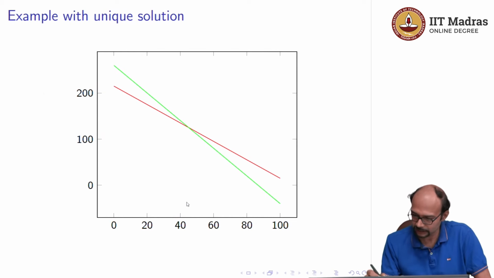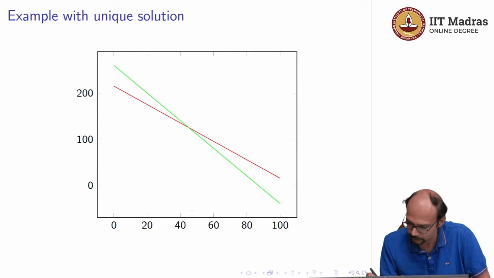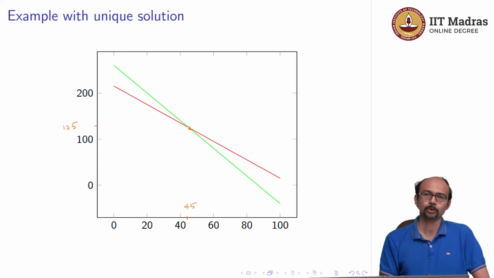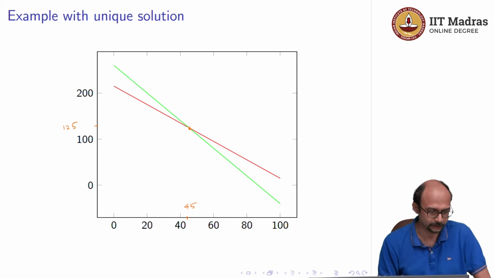And you can check that that's exactly where these lines intersect. On the x-axis it intersects at 45, and on the y-axis you have 125, and that's exactly the point of intersection. That's why there's a unique solution. You can draw these lines, and wherever they intersect is where you have a solution.